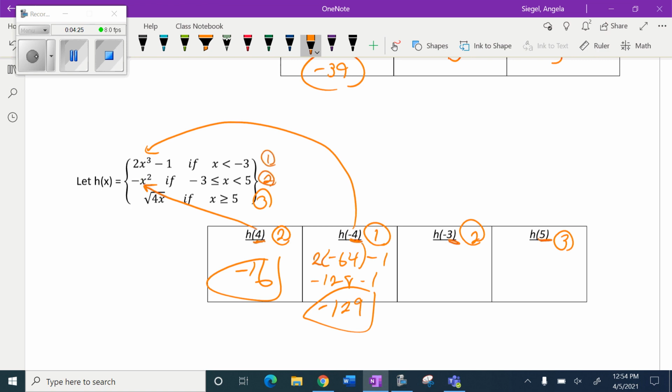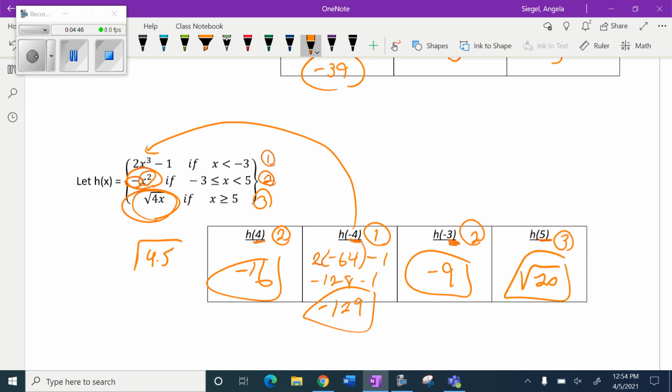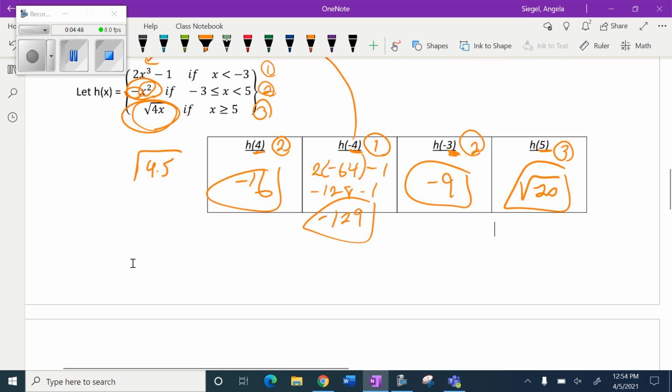Now we're back to the second section. When I plug this in, I'm going to get a +9 here, but then that negative makes it -9. For this last one, I'm going to plug it into this last one. So the square root of 4 times 5, so I have the square root of 20. You don't have to simplify it. I'm not grading you on that.